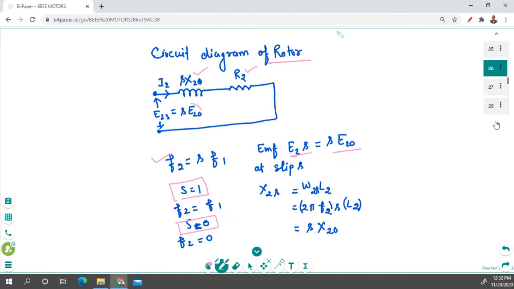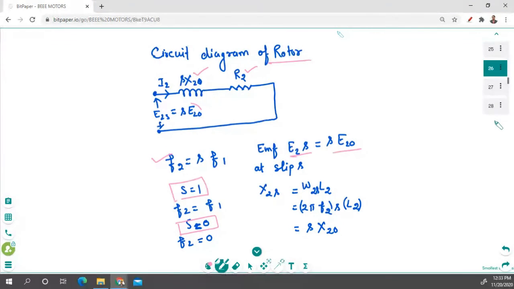Gautam is clear. So in this slide, we are just giving the notation of how this rotor is represented internally in a circuit. Okay, internally this has some winding, so we can represent that winding by this L, and internally this rotor has some resistance due to its conductor part, so we can represent that by R2.